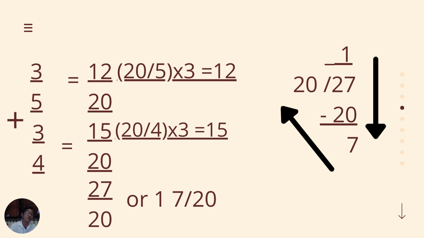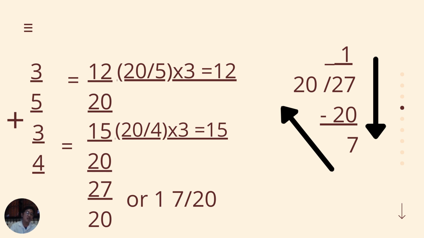Then multiply the quotient with your numerator, which is 3. 4 times 3 is equal to 12. 20 divided by 4 is 5, times 3 is equal to 15. So the equivalent form of 3/5 is 12/20, and the equivalent form of 3/4 is 15/20. Let us add 12/20 plus 15/20, that is equal to 27/20.